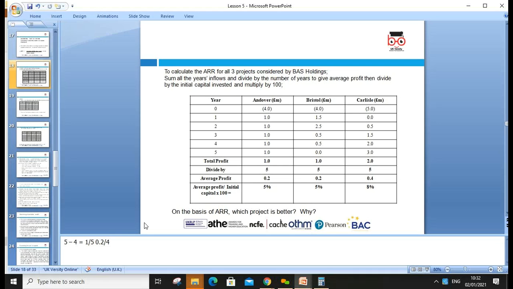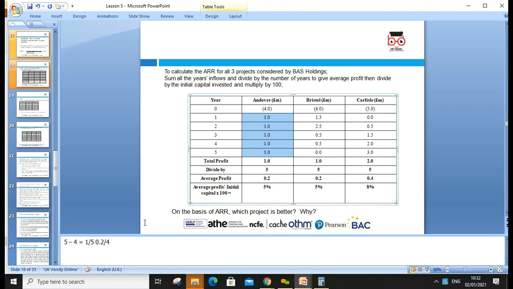So we have a project. So we have 3 projects: Andover, Bristol, and Carlisle. We are investing in the project Andover. So think about us investing 4 million, but we are getting a return of 1 million every year.